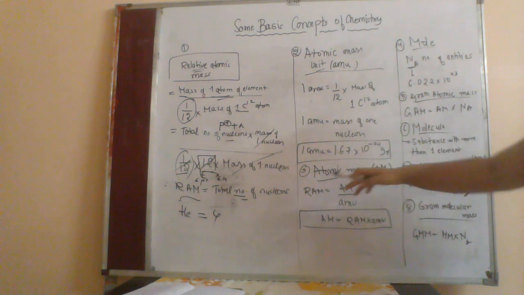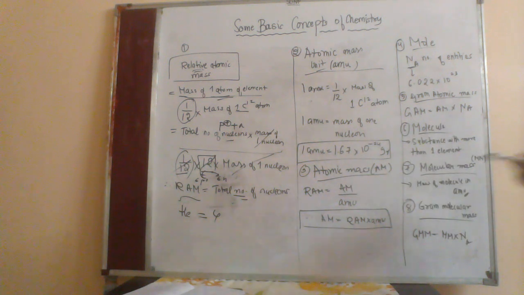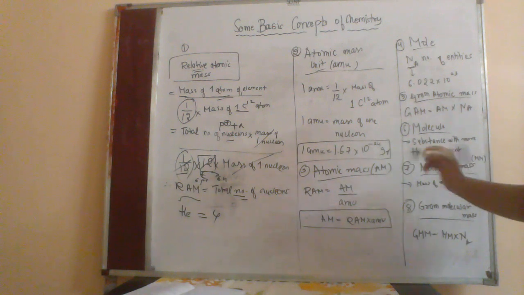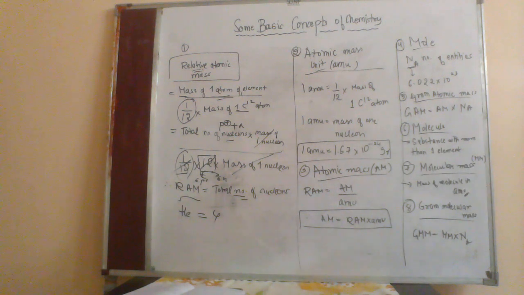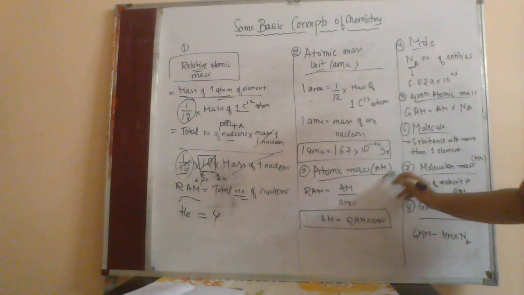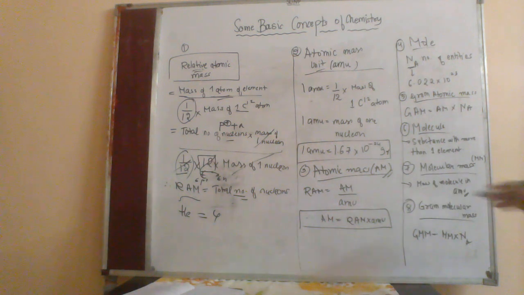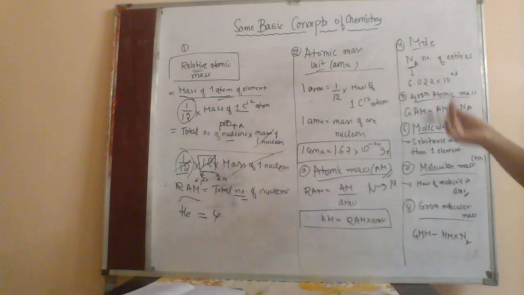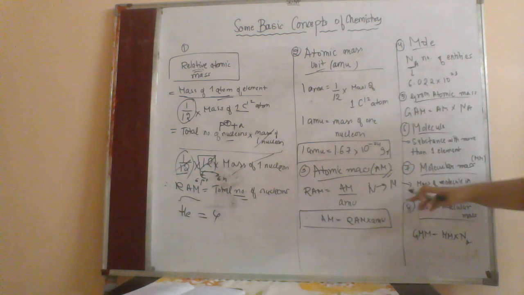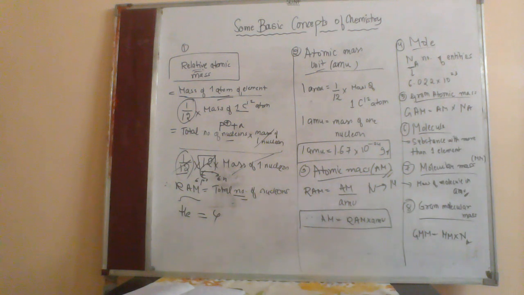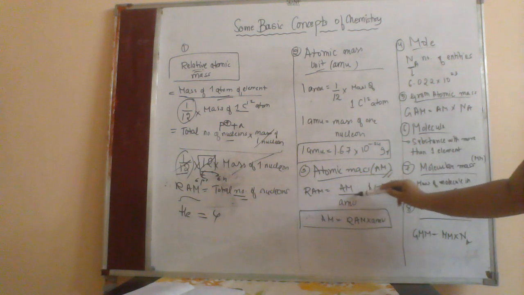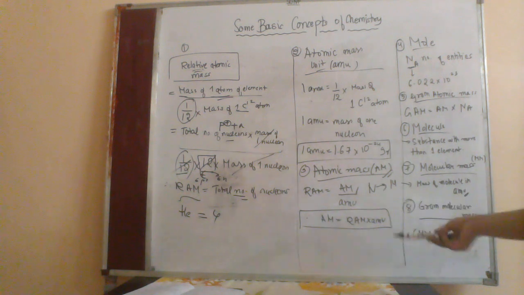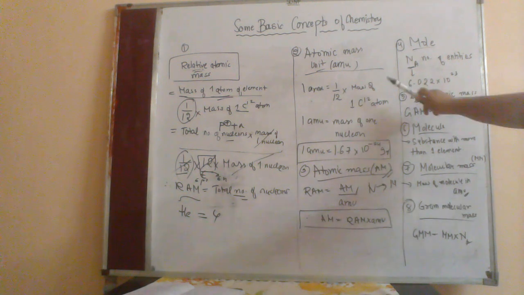Coming to atomic mass. Atomic mass, as we know, is the total mass of an atom, right? The total number of nucleons is known as atomic mass. For example, for nitrogen, as we discussed, it is 14, that is 7 protons and 7 neutrons. Similarly, we can get one more formula with the help of relative atomic mass and atomic mass unit.